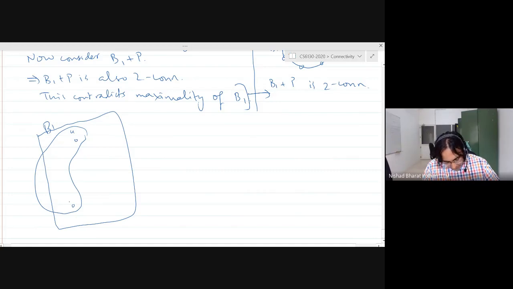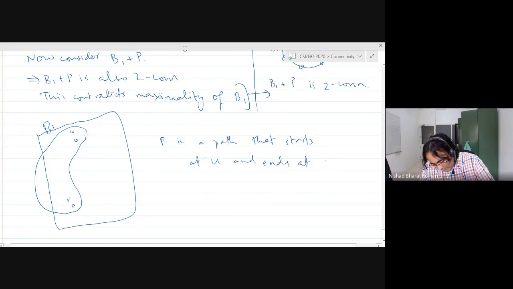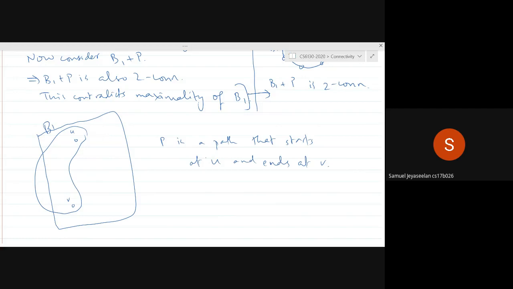Let's do it. We know that P is a path that starts at vertex U and ends at vertex V, right? Let's for now assume that there exists some edge E in P that's not in B1.